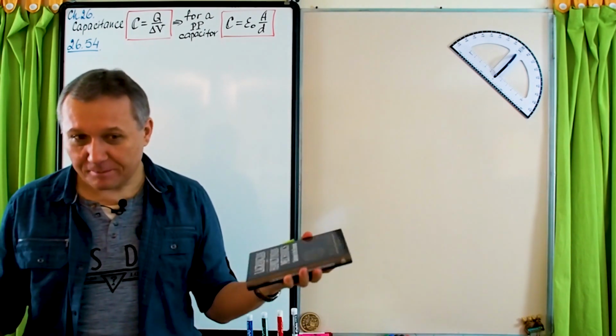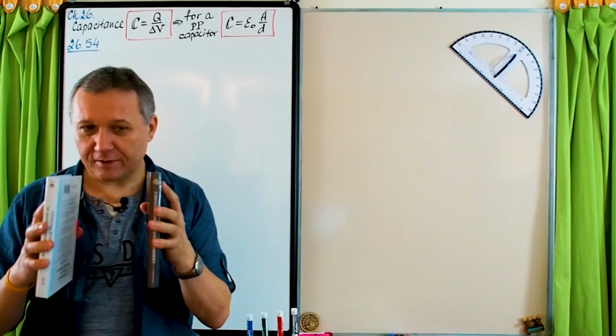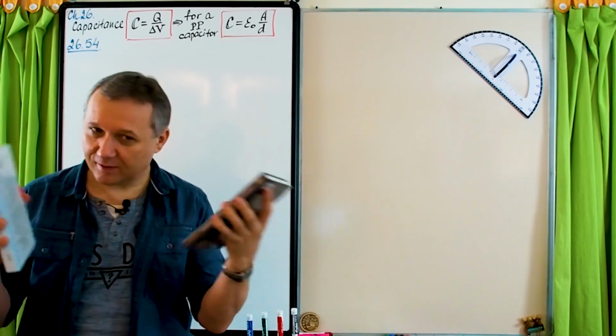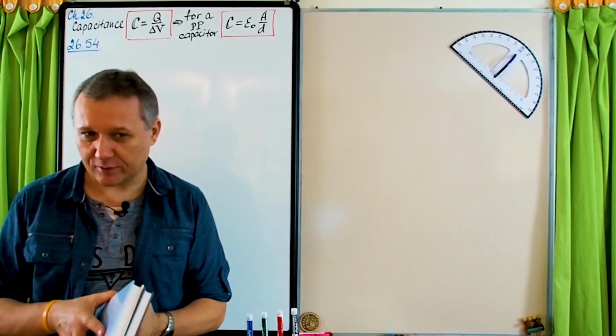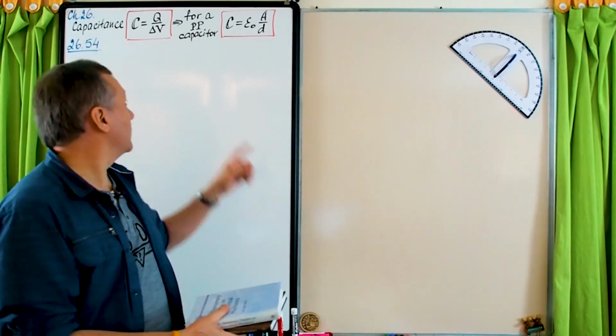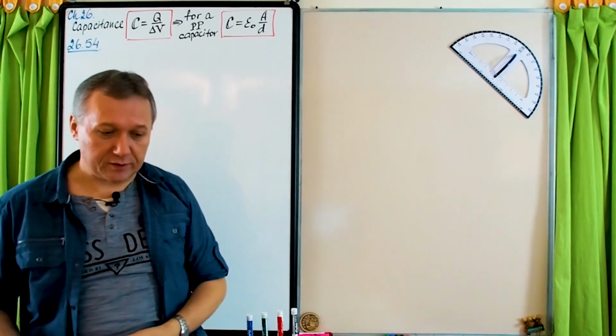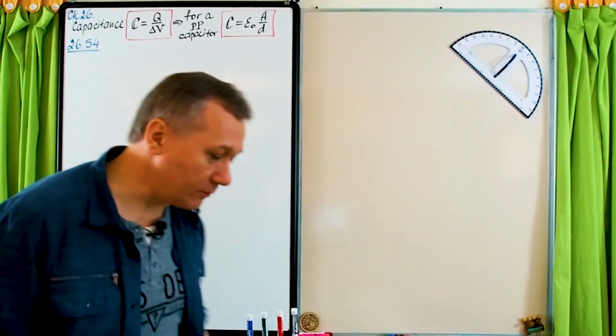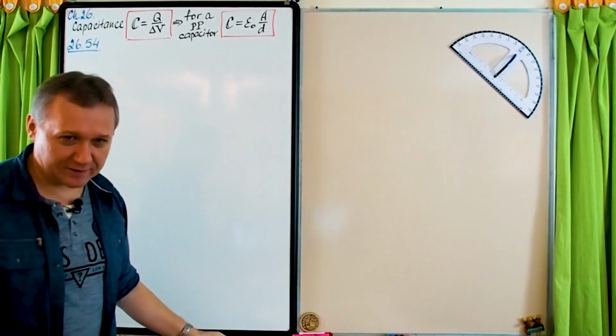In part B, we will increase the spacing by a factor of 2 and try to answer the same questions. Problem 53 in your homework is a similar situation, but not exactly the same.